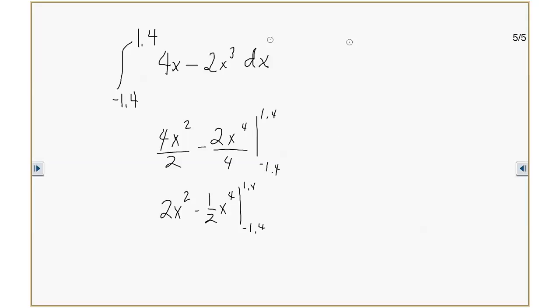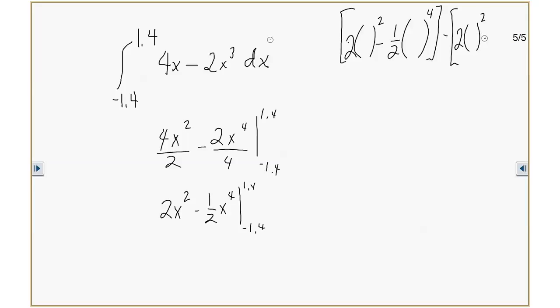So, 2 parentheses squared minus 1/2 parentheses to the 4th power, minus 2 parentheses squared minus 1/2 parentheses to the 4th power.